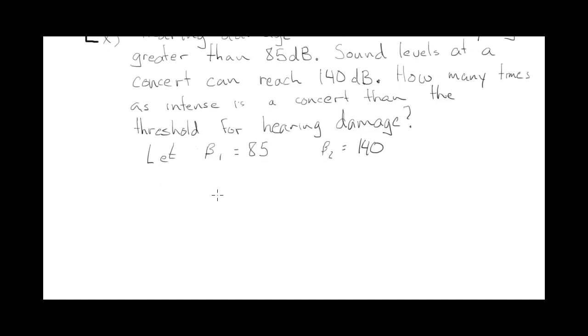Okay, so remember we have that equation, beta 2 minus beta 1 is equal to 10 times the log of I2 over I1. Now this value here, I2 over I1, is what we're looking for, because that will tell us how many times as intense I2 is compared to I1, where I2 is the intensity of the second sound compared to the intensity of the first sound.